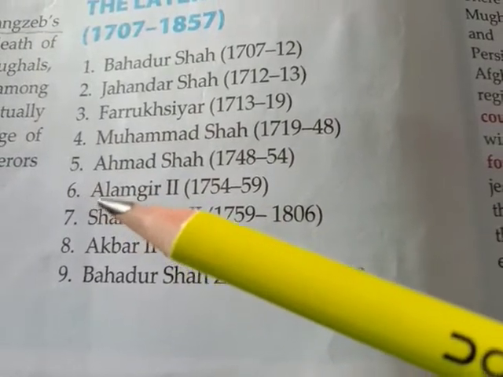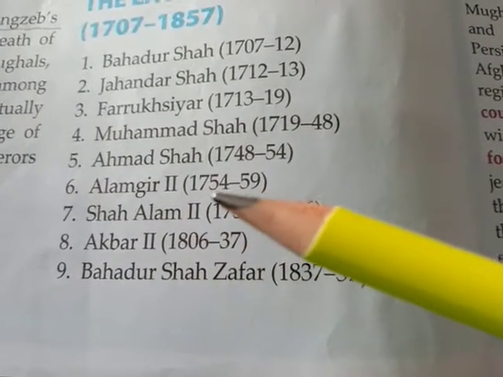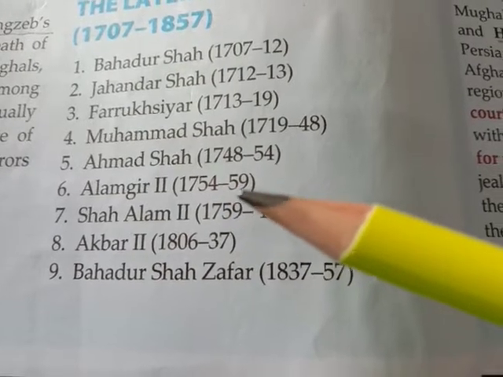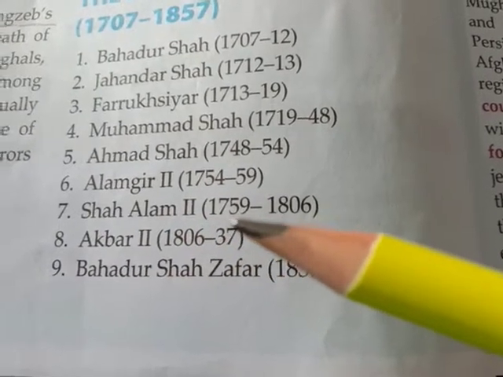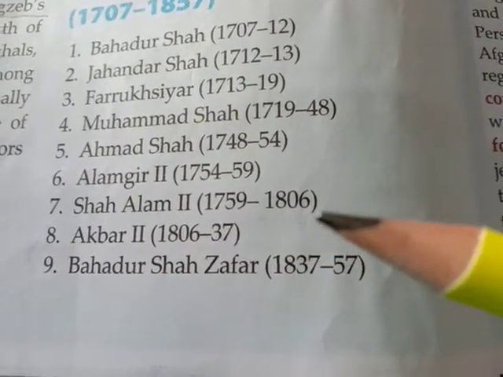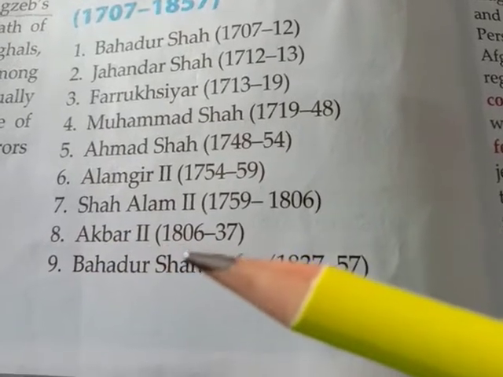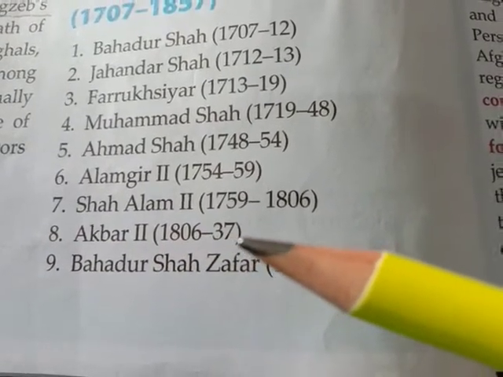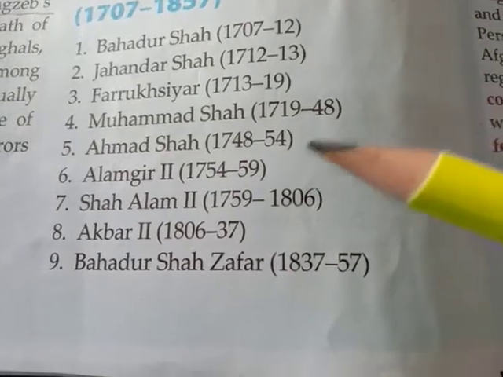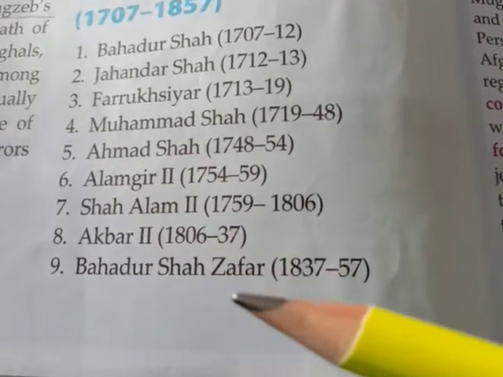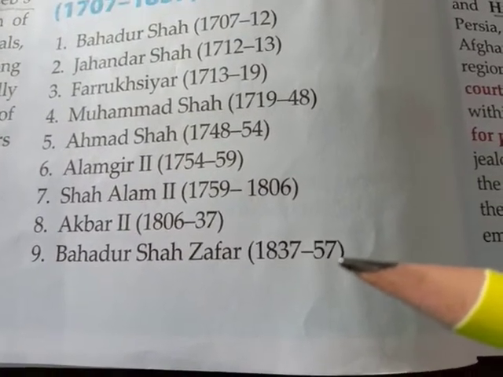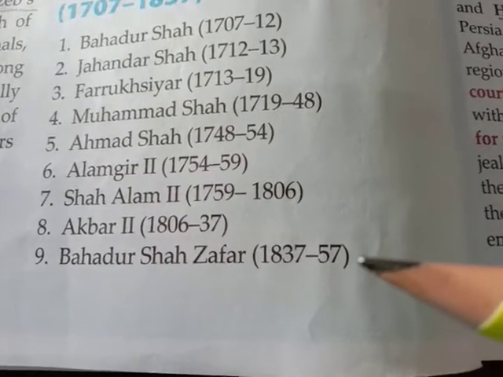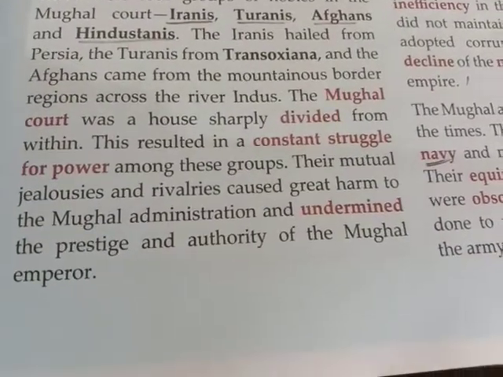Then Alamgir II, 1754 to 59. Seventh, Shah Alam II, 1759 to 1806. Eighth, Akbar II, 1806 to 1837, and the last ruler was Bahadur Shah Zafar, 1837 to 1857.